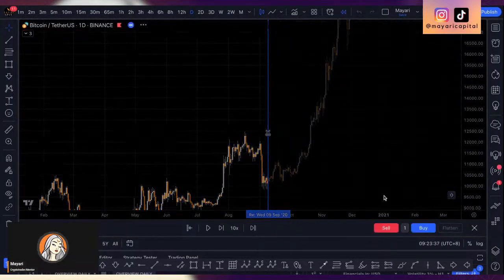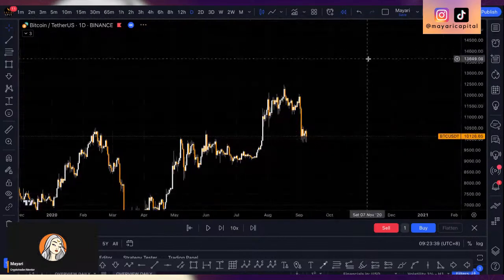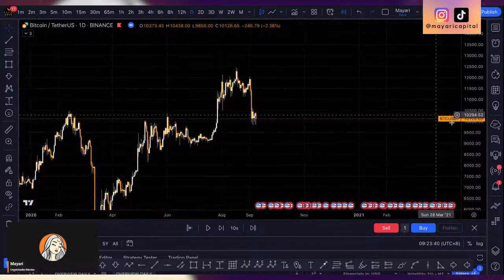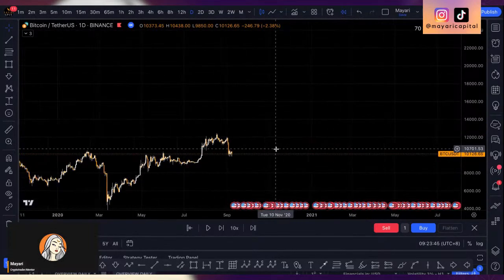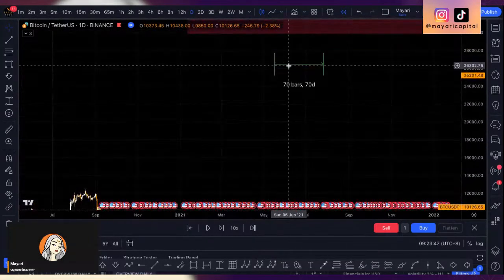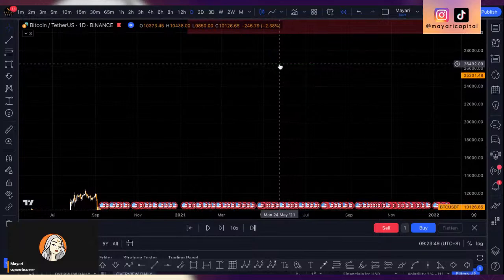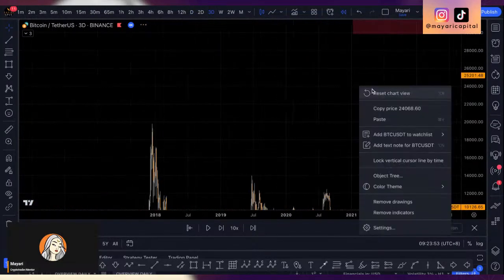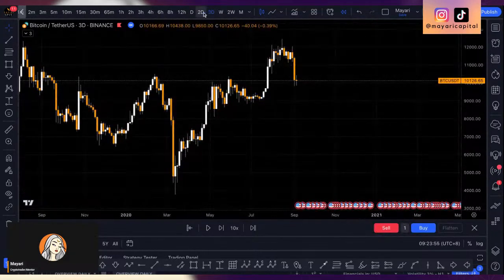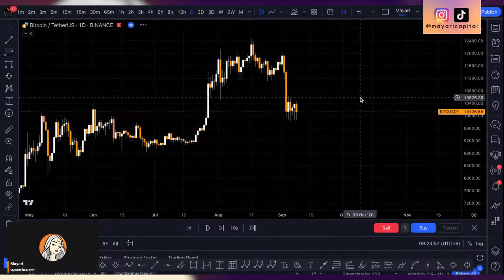Now let's have the combination of the market structure and the candlesticks, like how you use it. Open the 3 day. Now let's go back to the daily.